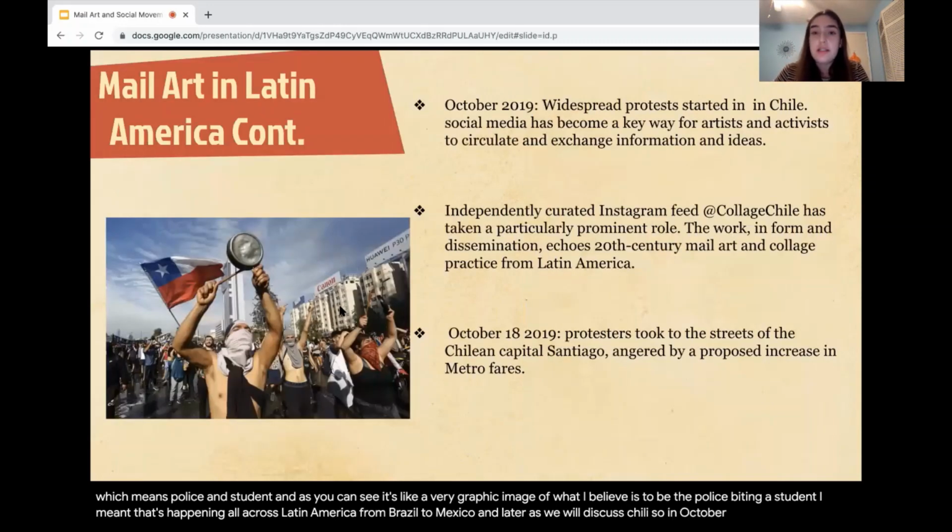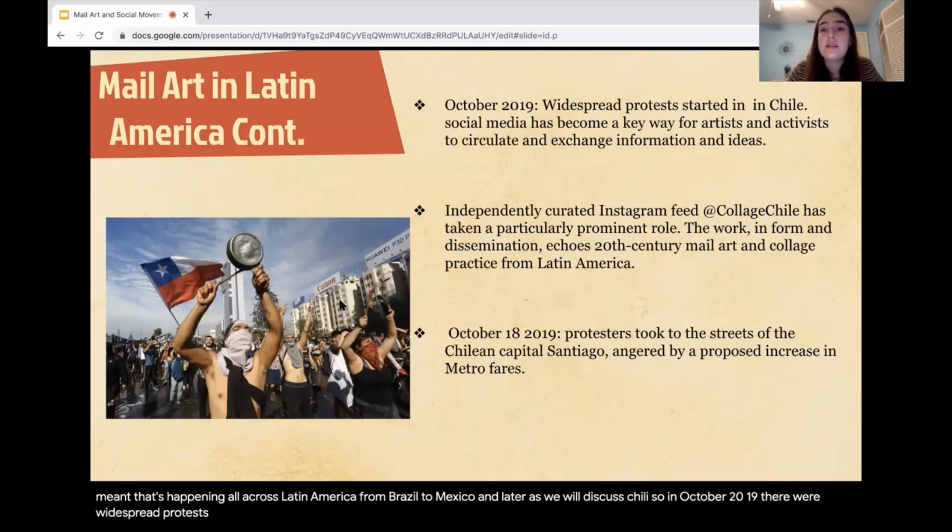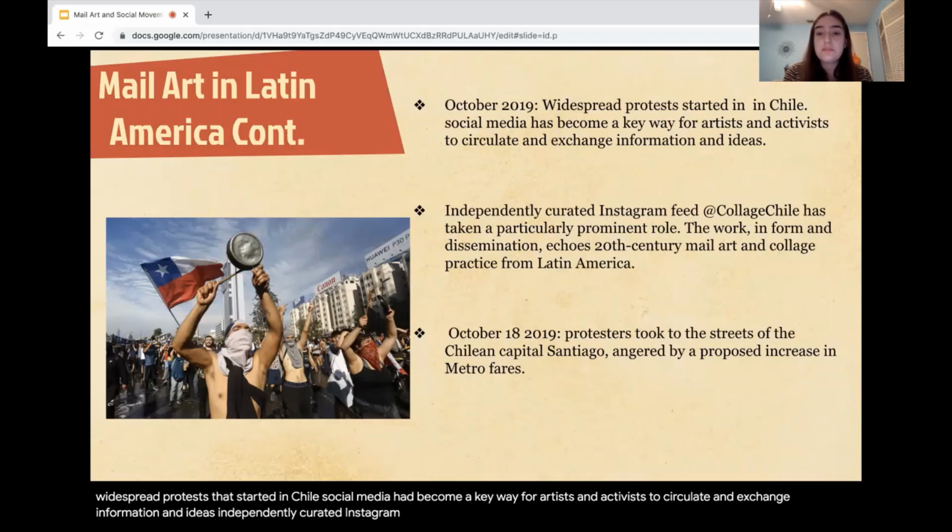So in October 2019, there were widespread protests that started in Chile. Social media had become a key way for artists and activists to circulate and exchange information and ideas. Independently curated Instagram feeds like Collage Chile have taken a particularly prominent role.